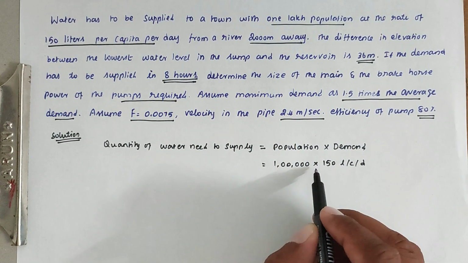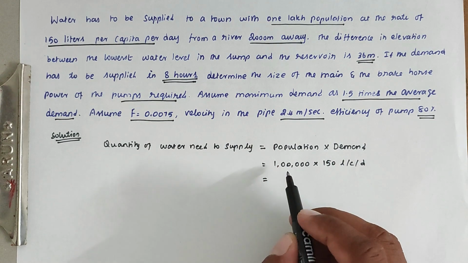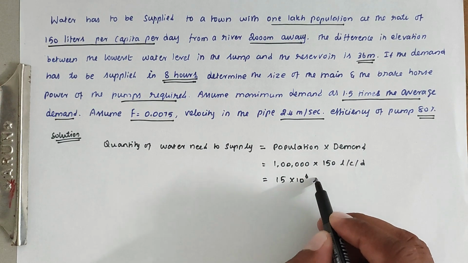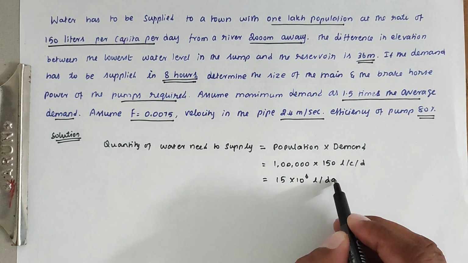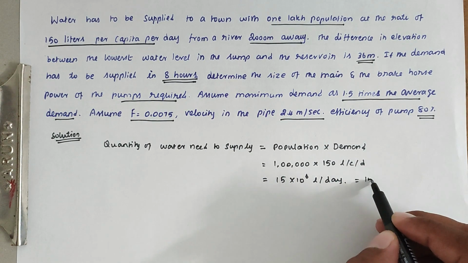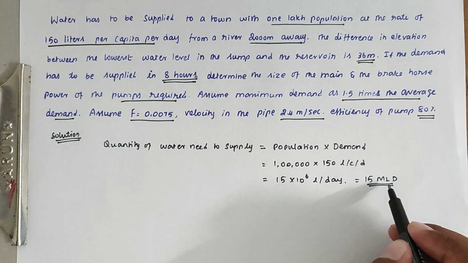So per day per person we need 150 liters. So we have 15 into 10 power 6 liters per day, or we can take 15 million liters per day. This is the required average.